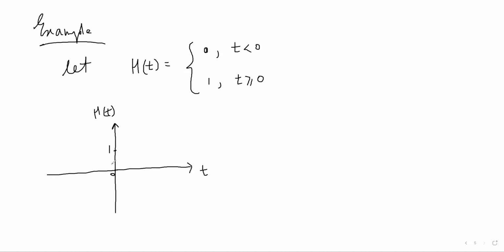On the left side, it's going to be flat. It's going to be right on the axis, because it's 0.